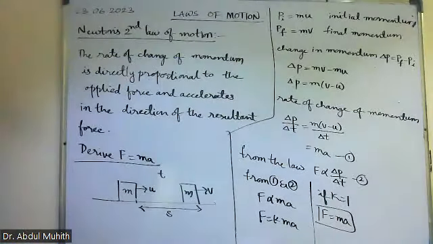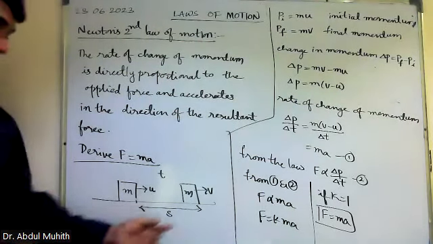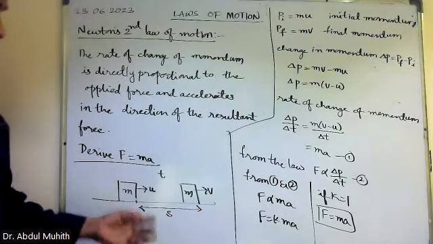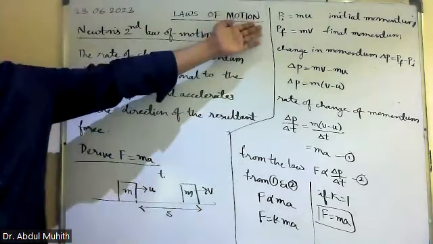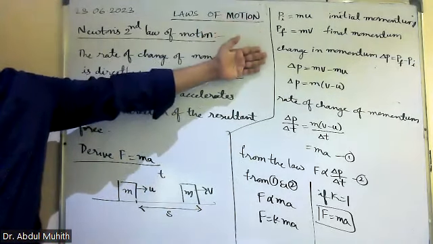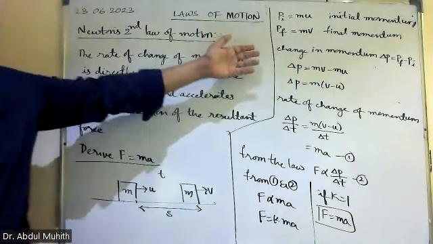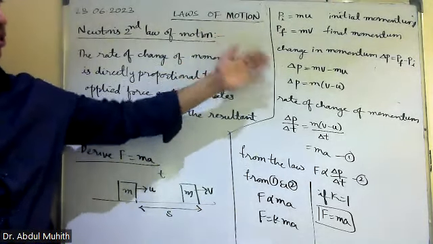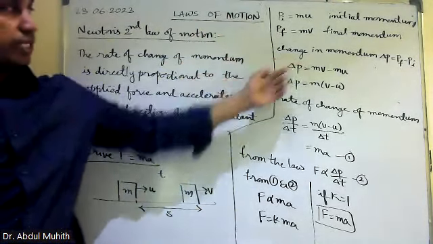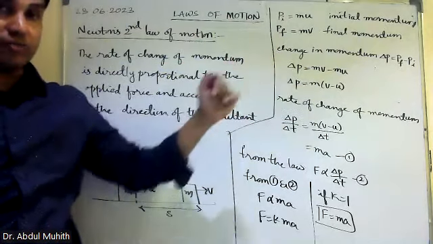Clear? Once again, a body whose mass is m, initial velocity is u, final velocity is v, displacement is s in time t. Initial momentum is mu, final momentum is mv, change in momentum is Pf minus Pi, that is mv minus mu, take m common, v minus u.